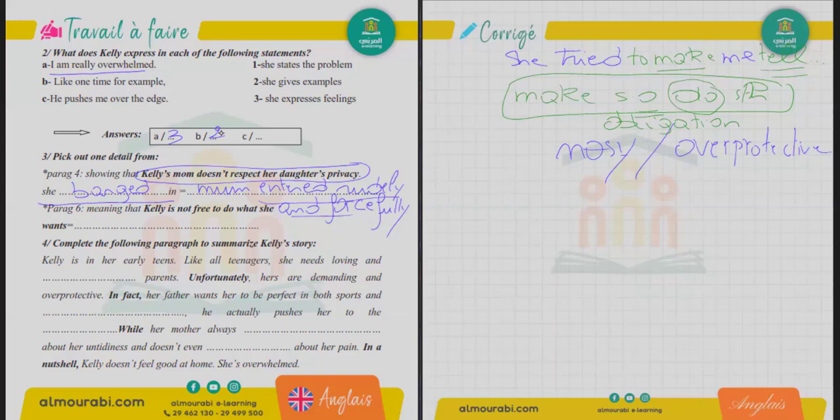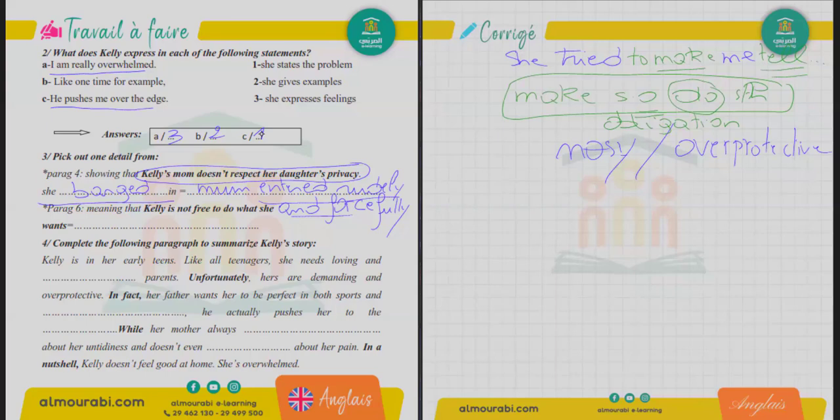That's why she felt heartbroken. And in paragraph 2, she pushes me over the edge. That's stating the problem. Good. The problem is that they push her over the edge. They make her get mad, get angry with them.